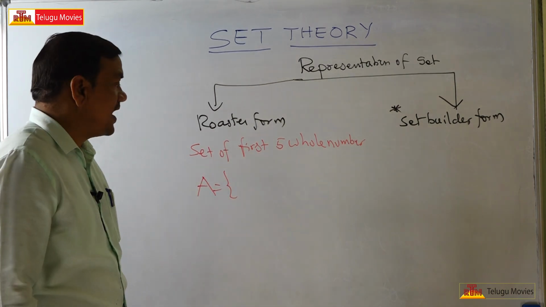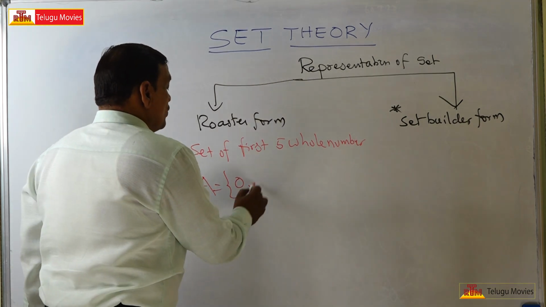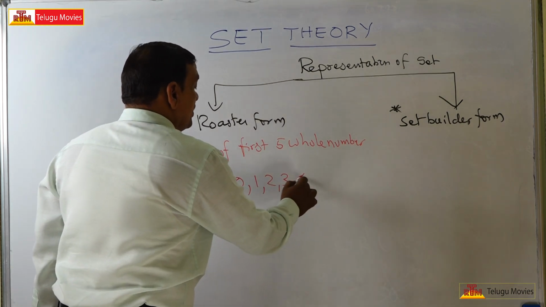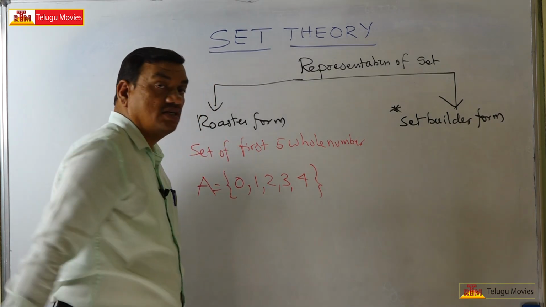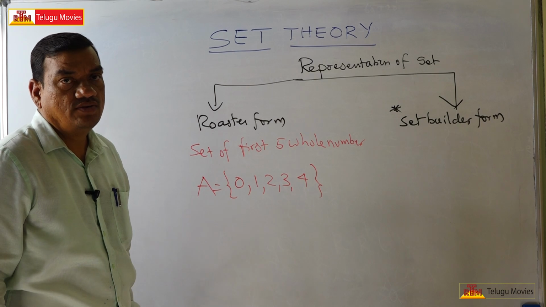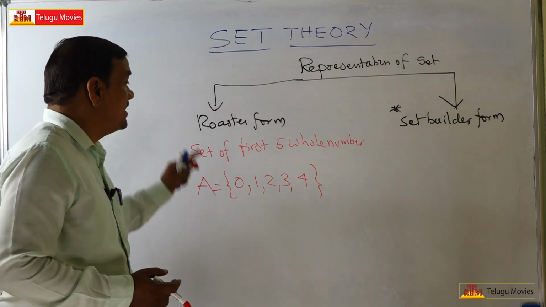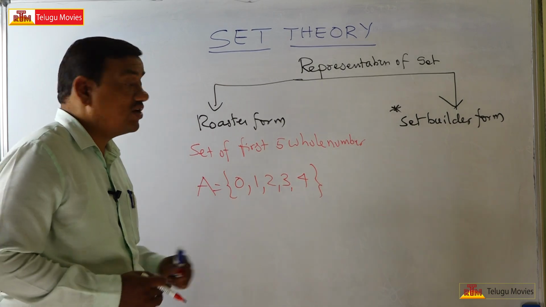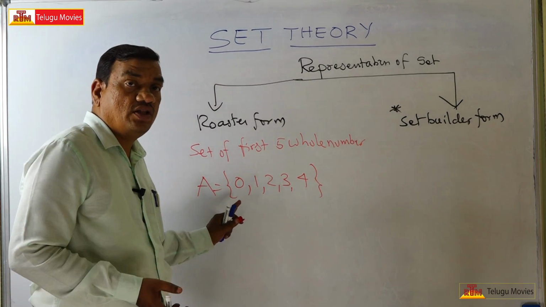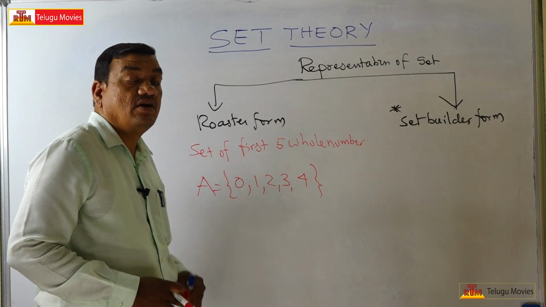What are the first 5 whole numbers? 0, 1, 2, 3, 4. These are the set of first 5 whole numbers. Understand? While representing a set in roster form, as I told you previously, every element should be separated by a comma.